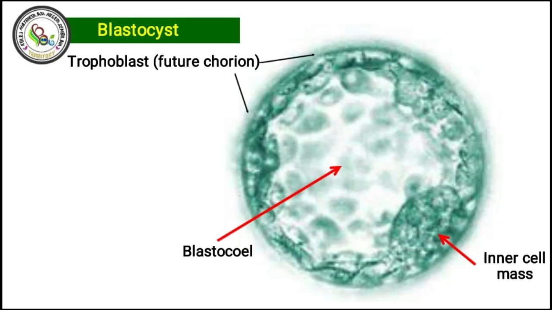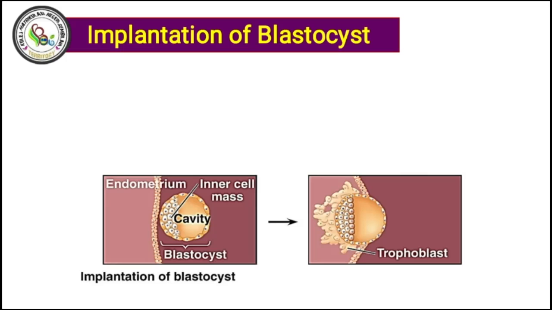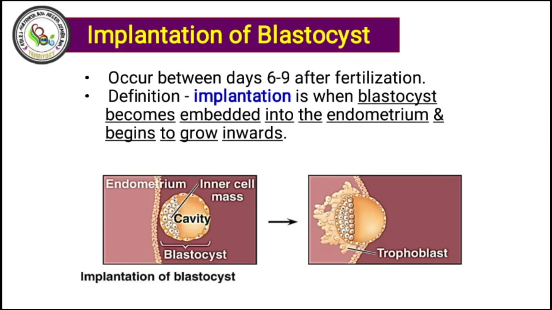The blastocyst consists of an outer layer called the trophoblast, a cavity called the blastocoel, and a cluster of cells called the inner cell mass. The blastocyst will be implanted into the endometrium wall between day 6 to day 9 after fertilization.